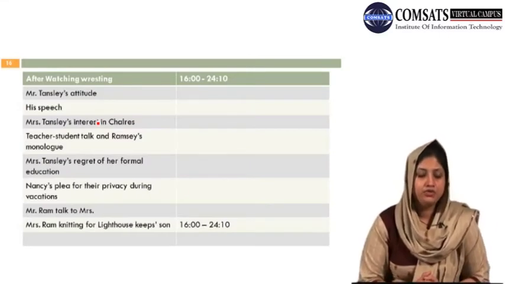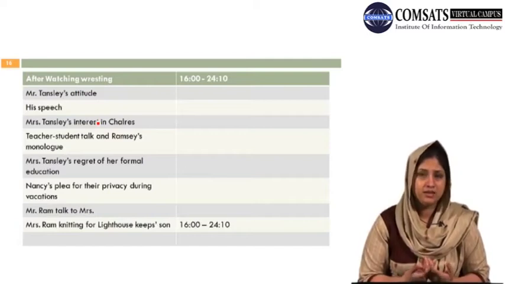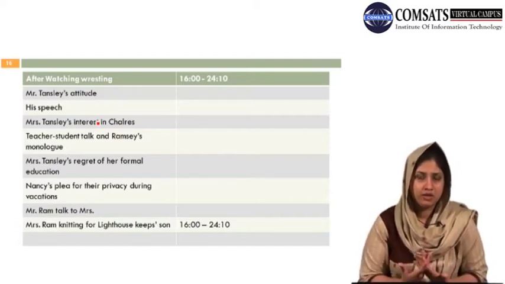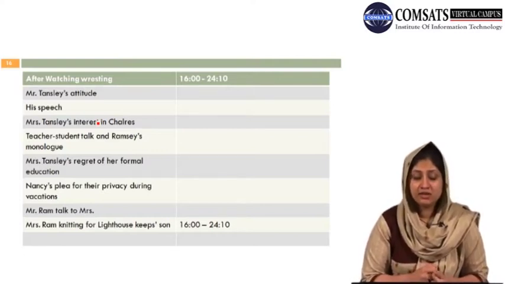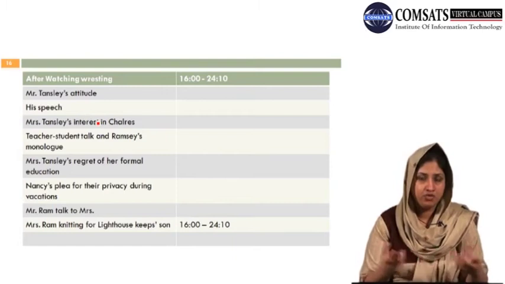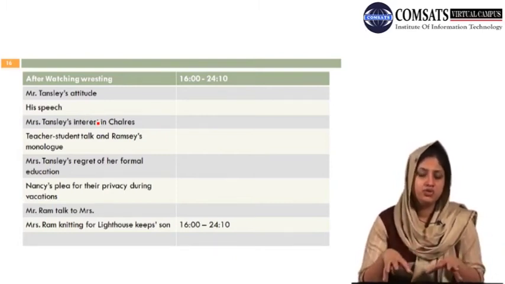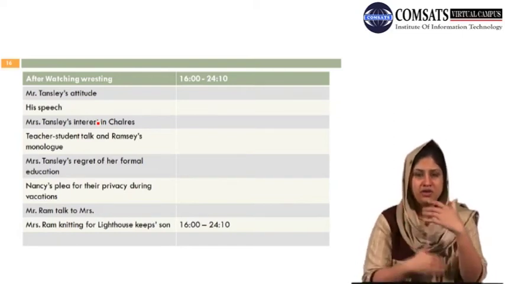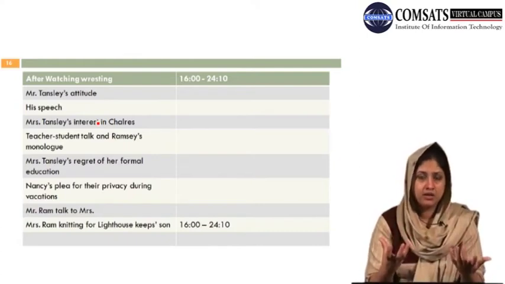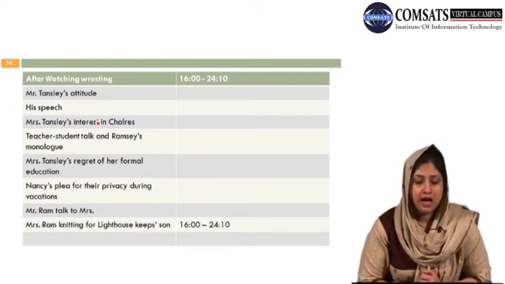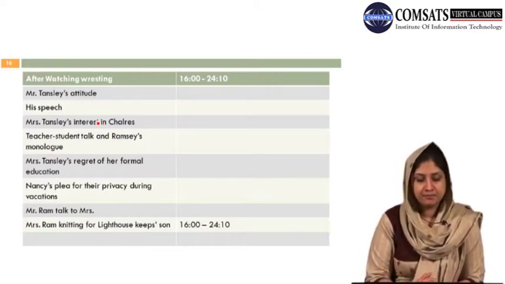All right, I want you to now watch how Mr. Tansley's attitude is thrown out through his speech, and how Mr. Tansley's interest in Charles' work gives you different varieties of concept, and then teacher-student talk, and the change of relationship, or the picture of that relationship that gets clearer and clearer in the reader's eye, and how Mr. Ramsay's monologue adds to your understanding.